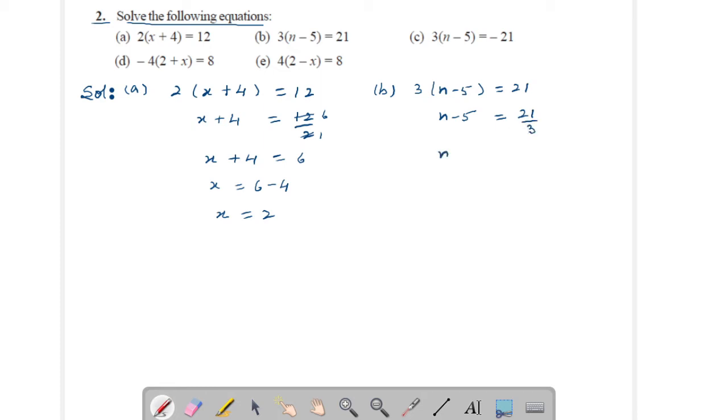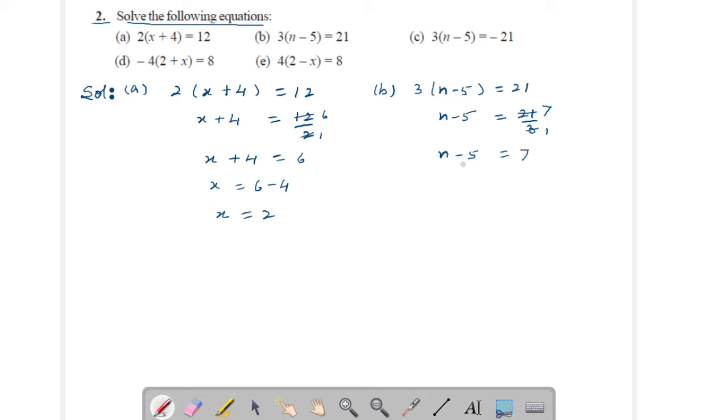Simplify it, n minus 5 equal to, just simplify it, we can cancel the terms by 3. 3 1 ja, 3 7 ja. What will you get? 7. N minus 5 equal to 7. Now transpose 5 to right hand side.